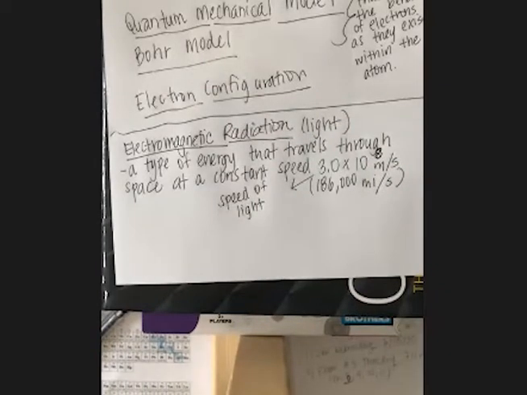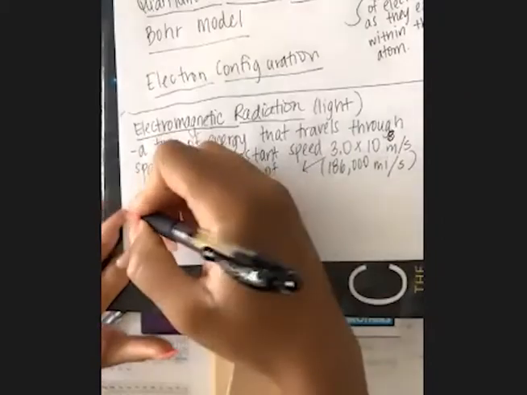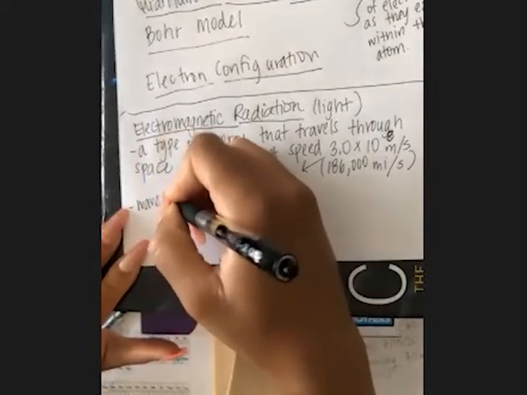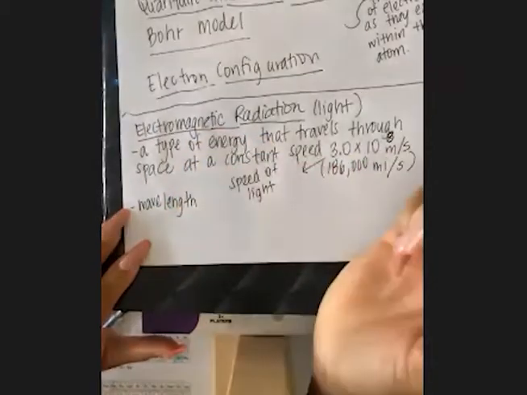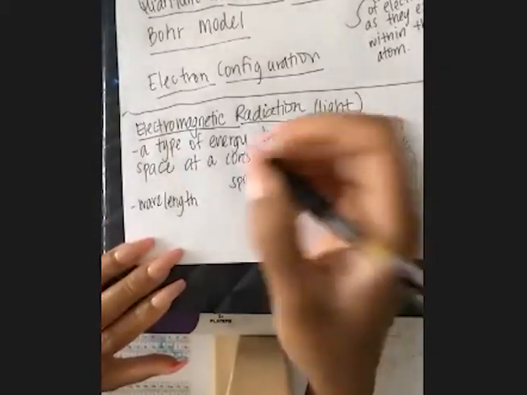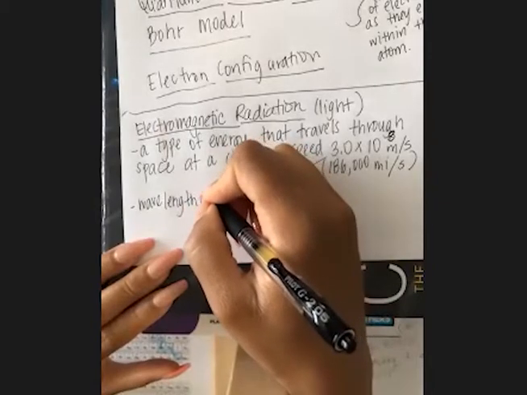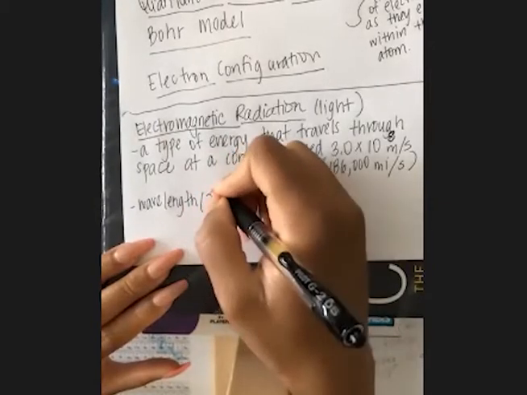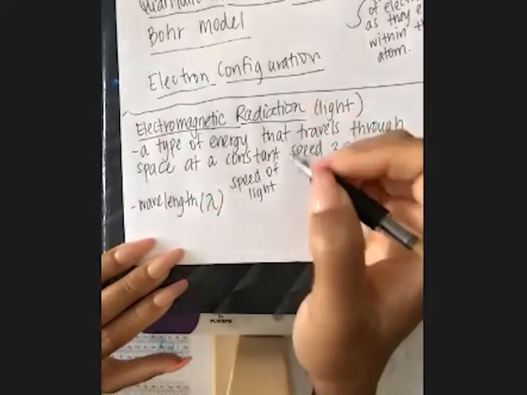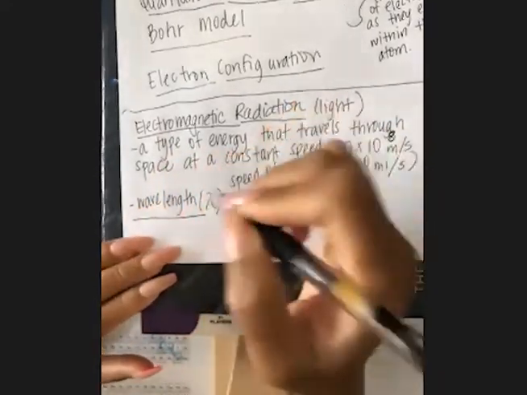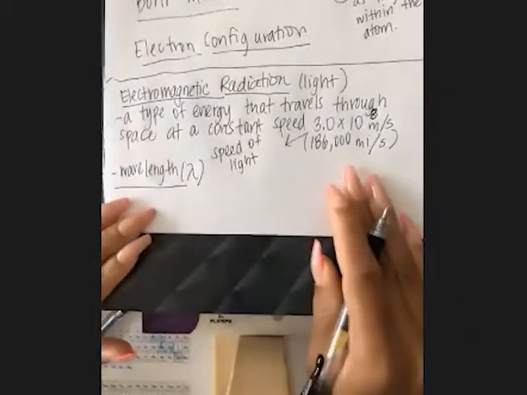All right, so when we talk about light, we can characterize light by two different things. One is its wavelength. The wavelength is given by the symbol lambda, which kind of looks like an upside down Y. All the wavelength is, it's just what it sounds like, the length of a wave.